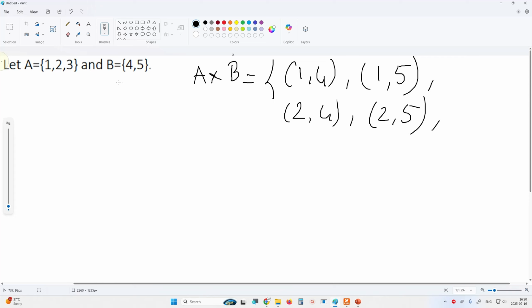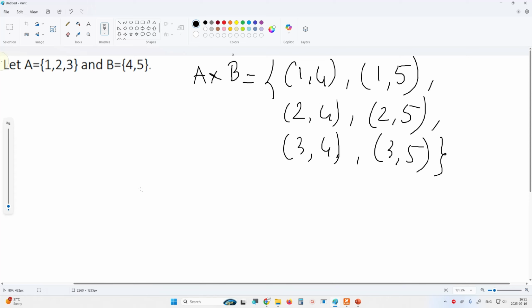I keep going because I still have the 3: 3, 4 and 3, 5. And that's pretty much it. These are the ordered pairs that are the result of the Cartesian product of A and B.